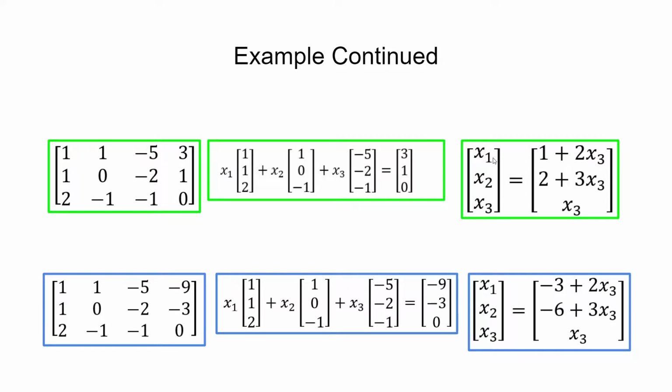Like here, x1 is 1 plus 2 times x3. And we can pick any number for x3, plug it in here, and we'll get coefficients for x1, x2, and x3. If we plug in those coefficients and multiply this all together, no matter what we chose for x3, these three columns added together, multiplied by their coefficients, will give us 3, 1, 0, and the same is true over here.